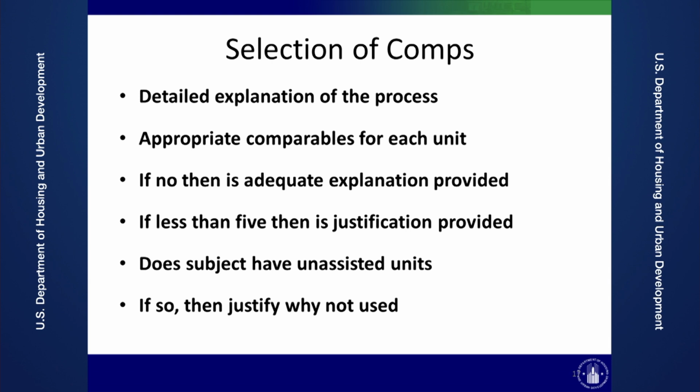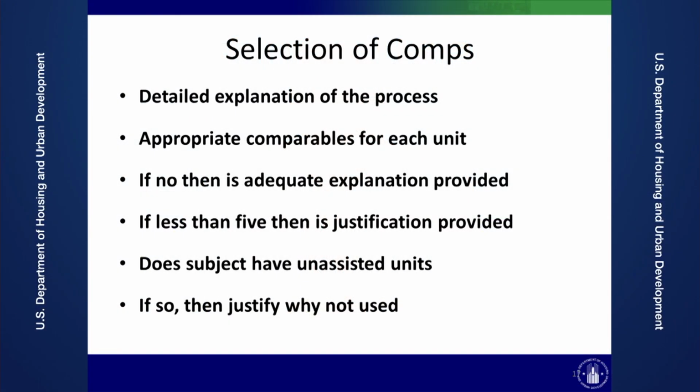Did the appraiser use appropriate comparables for each unit? When I say appropriate, again, we go back to the whole idea that this is an art, not a science. So appropriate is in the eyes of the beholder, shall we say, but still, the reviewer has to make a judgment call that the comparables that the appraiser selected are appropriate.